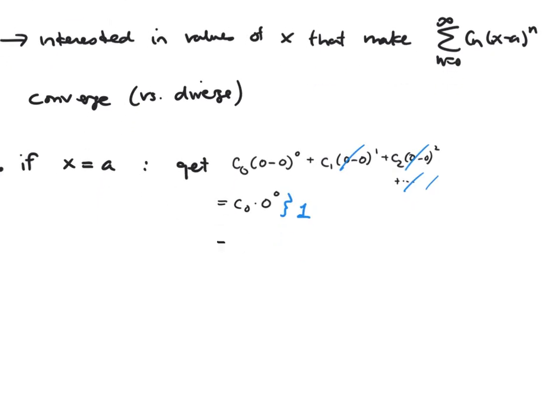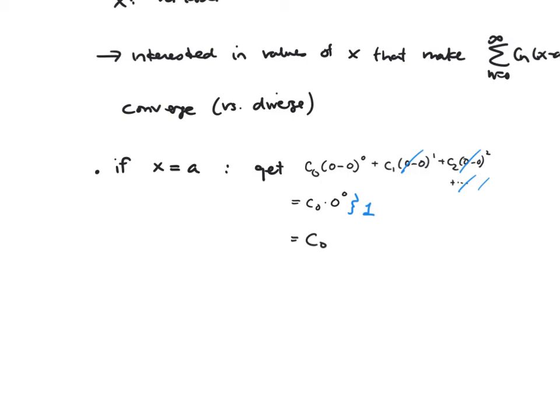And so you end up with, when you do this, C0. Now C0 is a finite constant. So at x equals a, this series converges to the value C0. So that means every single power series will always converge at the value x equals a.